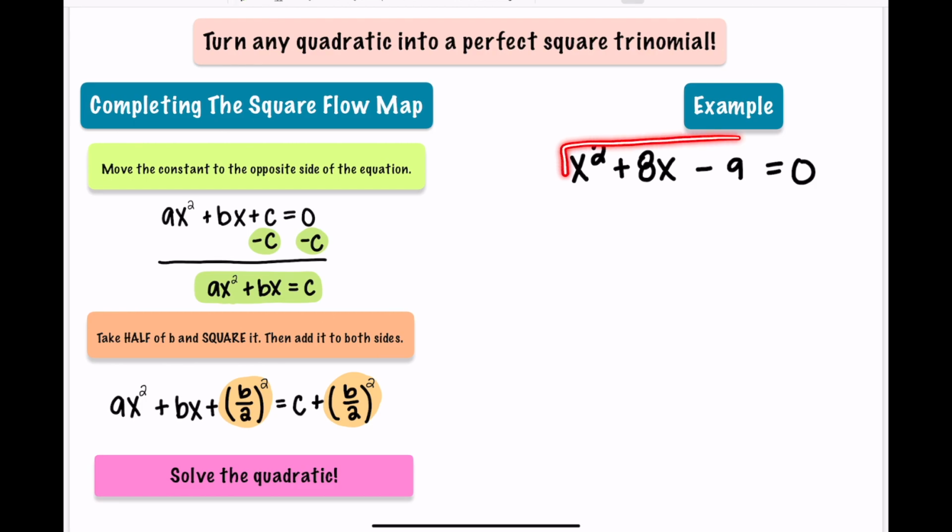This trinomial right here is not a perfect square, because if I were to factor this, I'd look for a number that multiplies to be negative 9 and adds to be 8.